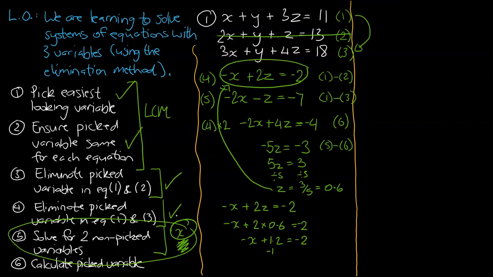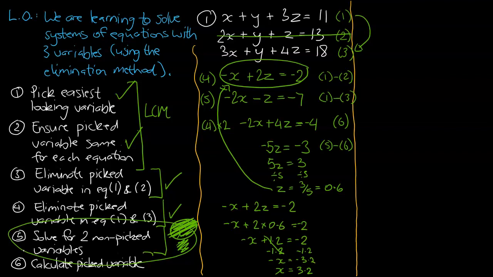We can then do minus 1.2 minus 1.2. They cancel each other out. So we've got negative x equals negative 3.2. And because there's negative signs on both sides, we can just ignore that. x equals 3.2. And if you go back to our goal, we've now, crossing it out, found the second of those two non-picked variables.